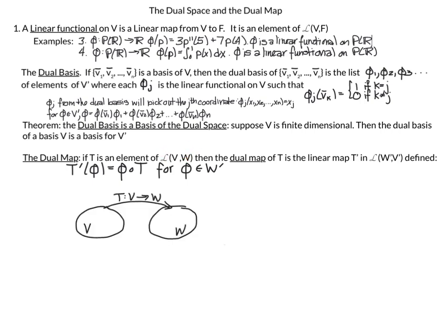So let's start with the drawing. Our set V, our set W, and T is a map that goes from V to W. And that's this first part here.